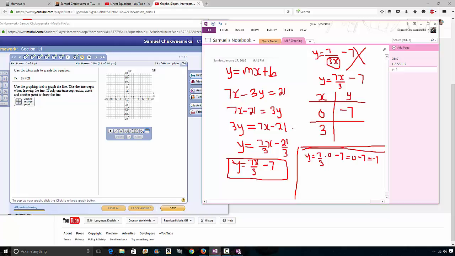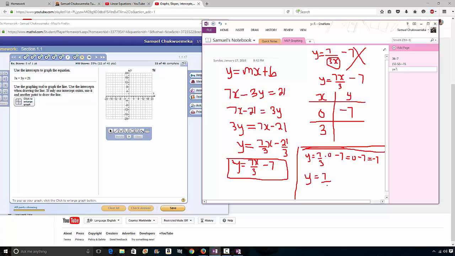It has to. So you can use 3, 6, 9, 12, any multiple of 3, so that the 3 will cross out and then you have a whole number, an integer. So that is what you always want to do.